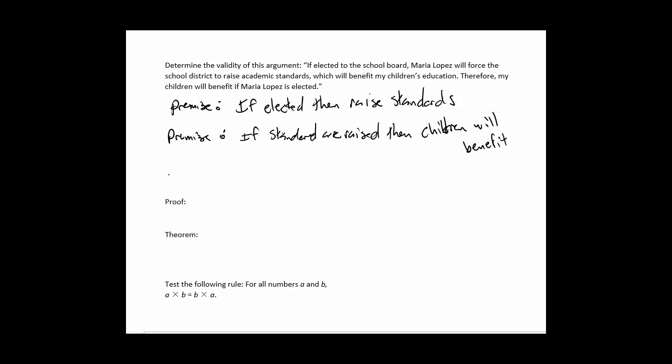Okay, so conclusion. The conclusion would be if Maria is elected, then what? Based on this chain of conditionals, then the children will benefit.